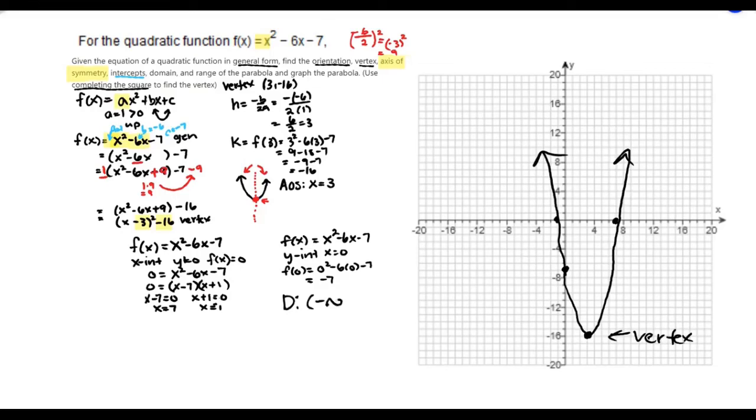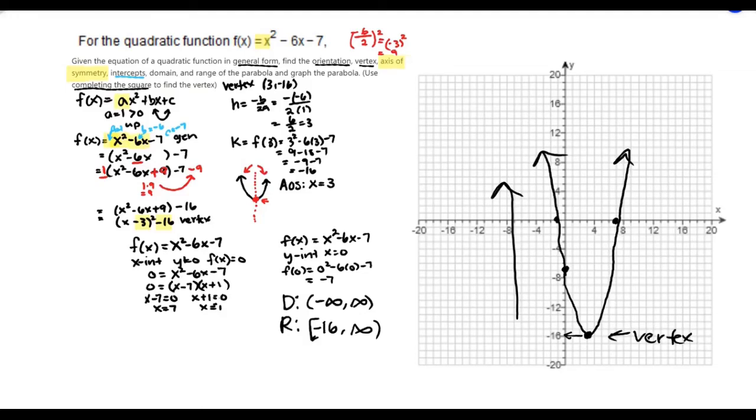The domain will be all real numbers, negative infinity to infinity. And the range, the y values, will start at the vertex, which has a y-coordinate of negative 16, and go to infinity. So our range is negative 16 to infinity.